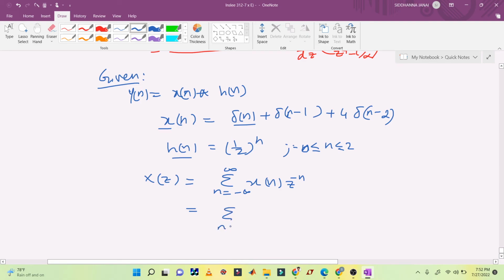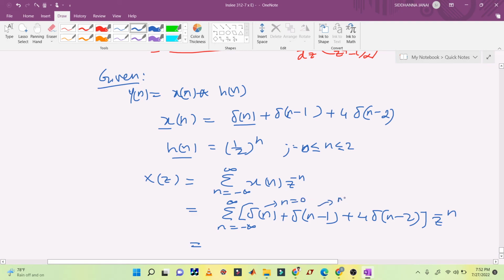Let me write it completely: summation from minus infinity to plus infinity of delta of n plus delta of n minus 1 plus 4 delta of n minus 2, multiplied by z to the power minus n. Okay, the first function exists only when n is equal to 0, the second exists at n is equal to 1, and the third exists at n is equal to 2.